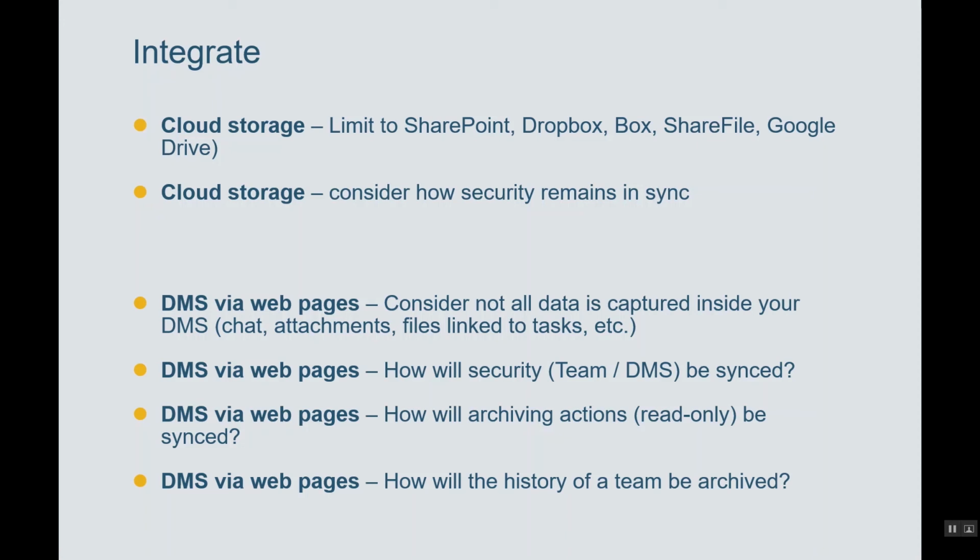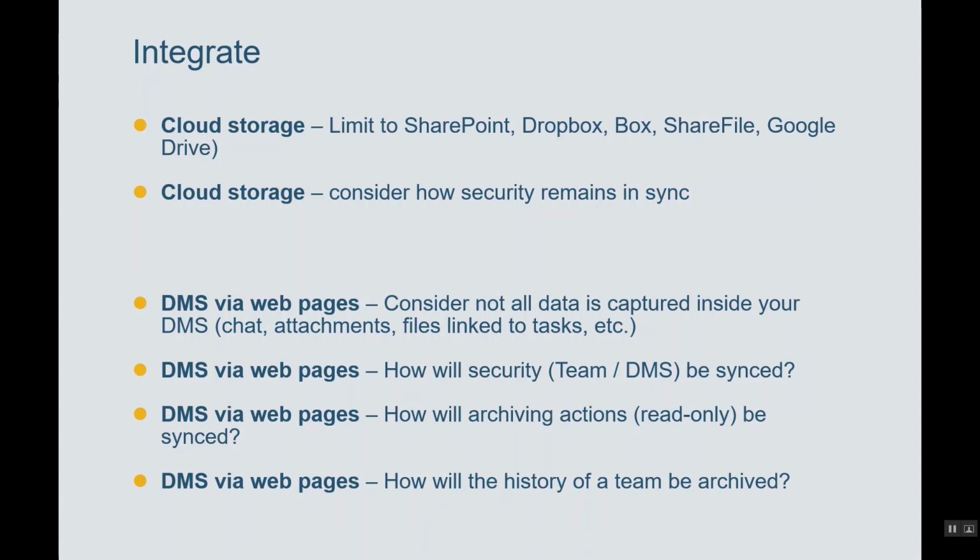consider that not all your data is automatically stored in that website tab. Typically, if you attach a document in a chat or if you attach a document to a task in your planner, these documents are not stored in your document management system that you linked via the website, but they are stored in the team. So you end up with documents in two locations.